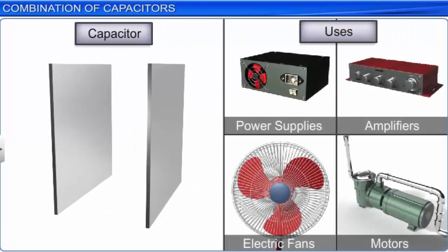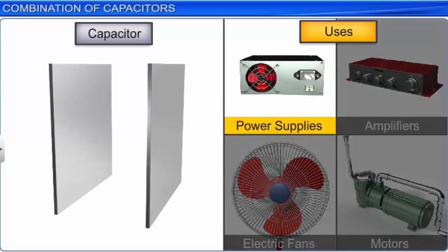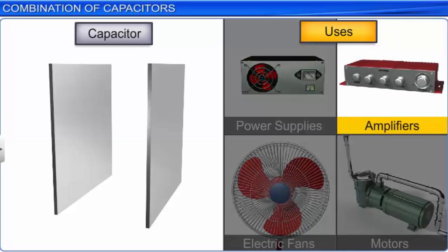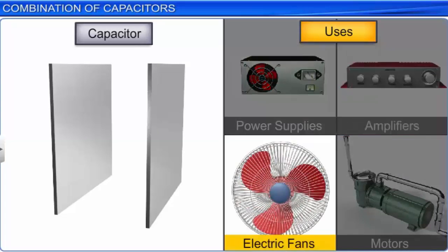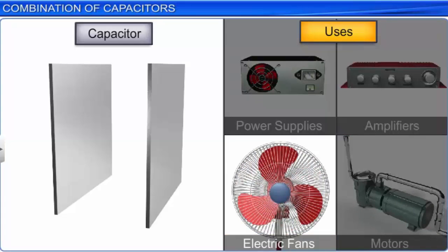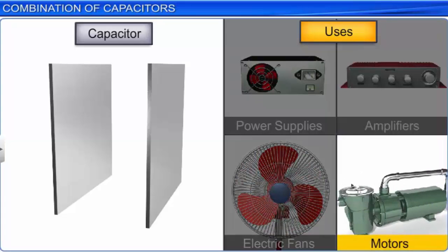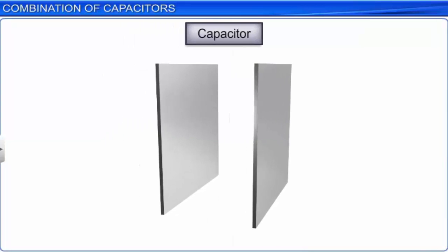Capacitors having different values of capacitances are used in power supplies, amplifiers, electric fans, motors, etc. It is not always possible to obtain capacitors with the desired values of capacitances. In such cases, the desired value of capacitance can be obtained by a series or a parallel combination of multiple capacitors.